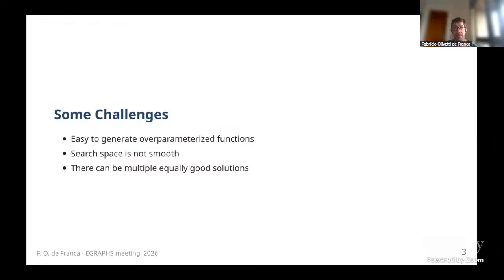And also, there's a lot of redundancy, so we can have multiple equally good solutions. Either functions that are the same function but written differently, or functions that describe the training data quite well, but when you extrapolate, they actually behave differently.